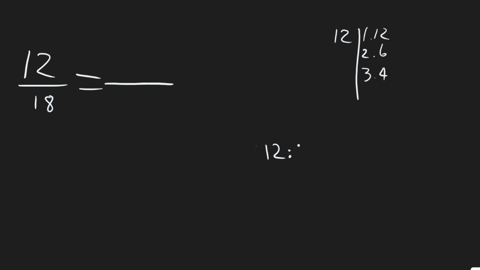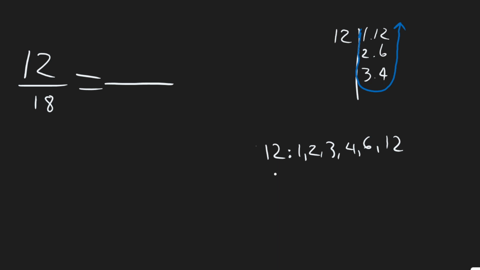The factors are 1, 2, 3, we get this 4 here, because you get the factors like this from up here, and you go back up. All right, and you get 1, 2, 3, 4, 6, and 12.